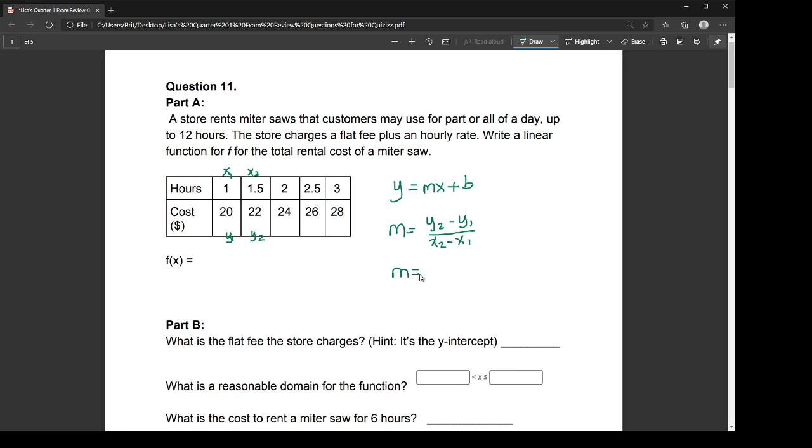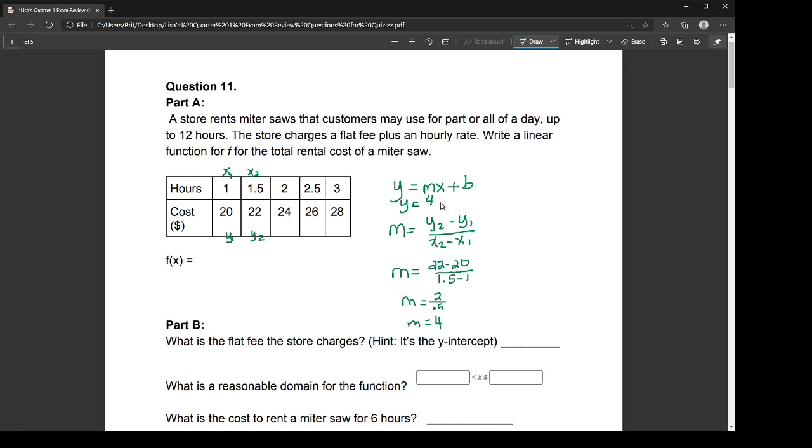So y2 minus y1, I have 22 minus 20, and x2 minus x1, I have 1.5 minus 1. If I do that subtraction, 22 minus 20 is 2, divided by 1.5 minus 1 is 0.5. So we have 2 divided by 0.5, which is 4. That is my slope, which I'll be plugging in right here.